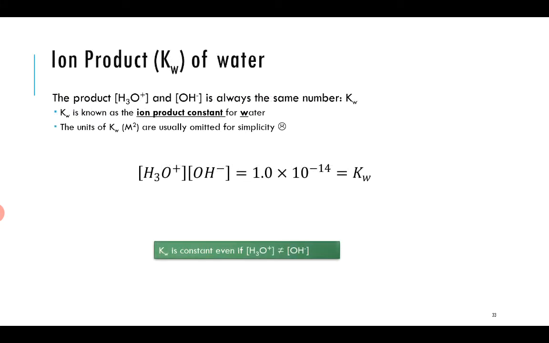Now what's really interesting is that the molarity of H3O plus times the molarity of OH minus is a constant. Remember we said on the previous slide that each of these was 1 times 10 to the minus 7th.